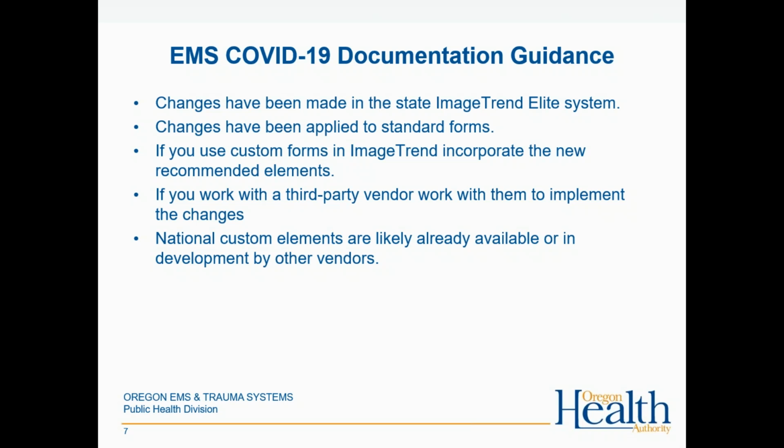Similarly, if you work with a third-party vendor, you'll need to work with them to implement the changes. These are all national custom elements, so chances are your vendor already has these available, or they are in development. So this may not be as daunting a task as it might first appear.